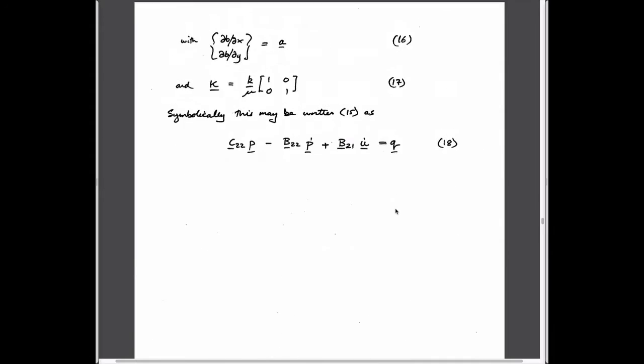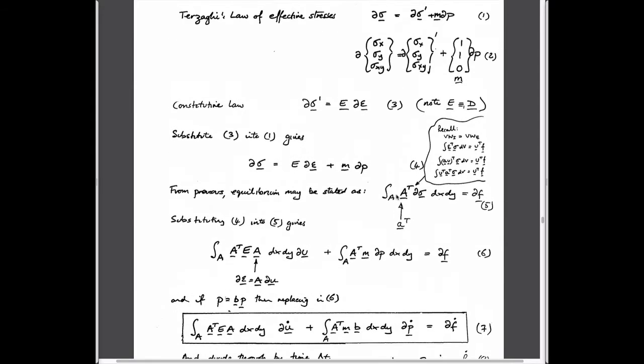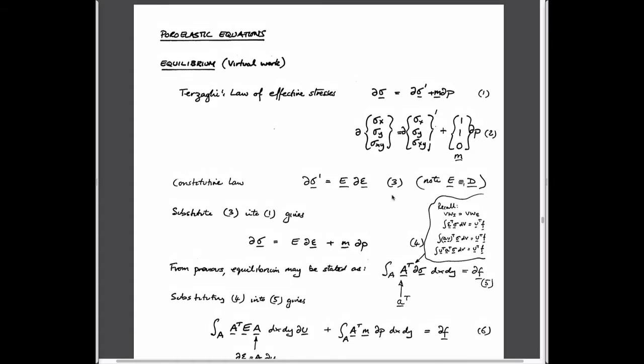It's not so long, it's 2.5 pages. So if we write things out in longhand, in 2 dimensions, we can write effective stresses in terms of stresses in the x direction, stresses in the y direction, and shear stresses xy.